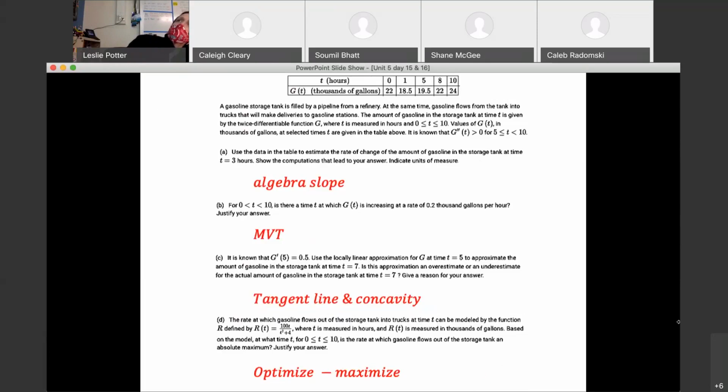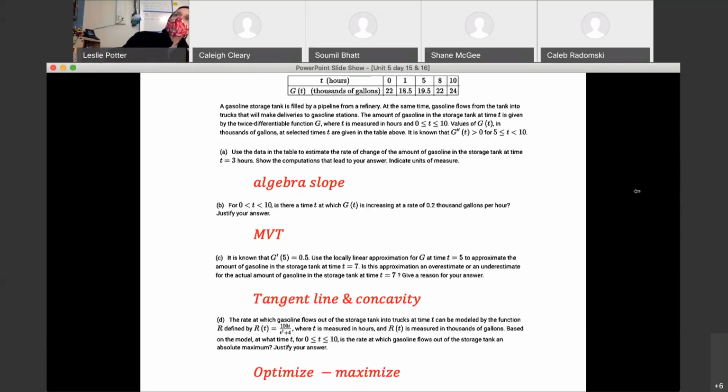Something popped up underneath here. I think it just says an optimization problem, differentiate R to get R prime.